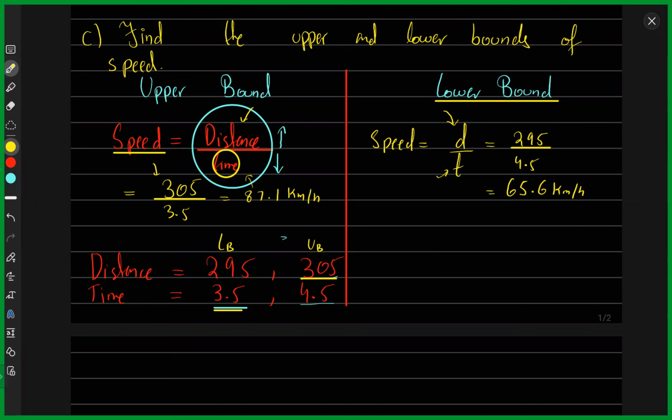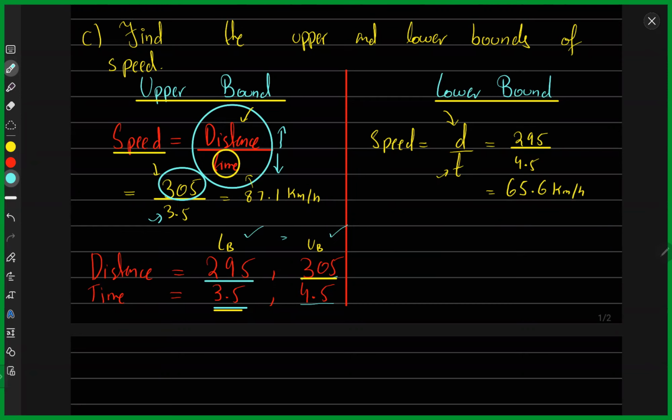Upper bound of speed basically meant maximum possible value of speed. That means we need to have the maximum possible numerator and the minimum possible denominator. Now for distance, we had its lower bound and its upper bound. The lower bound was 295, the upper bound was 305.